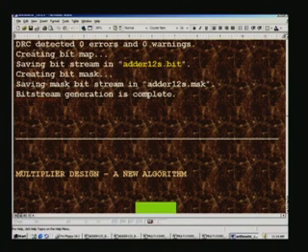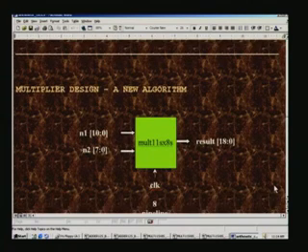So next, in the arithmetic circuits, we will consider multiplier design, and this is a new algorithm developed by the speaker, for the sake of implementing on FPGA as well as ASIC, yielding as high a throughput as possible.